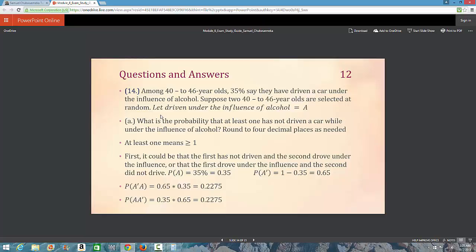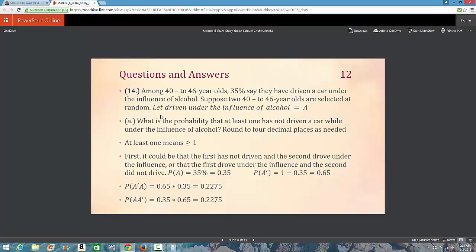Suppose two 40 to 46-year-olds are selected at random. This case is two of them. Okay, and we say let driven under the influence of alcohol be A. What is the probability that at least one has not driven a car while under the influence of alcohol? Round to 4 decimal places as needed. So at least one means greater than or equal to 1.